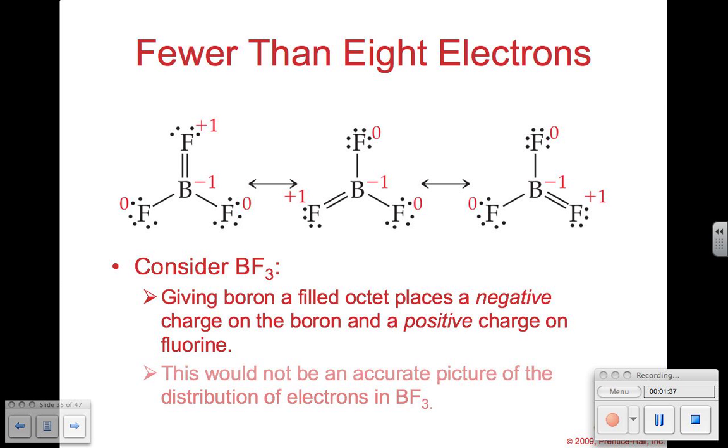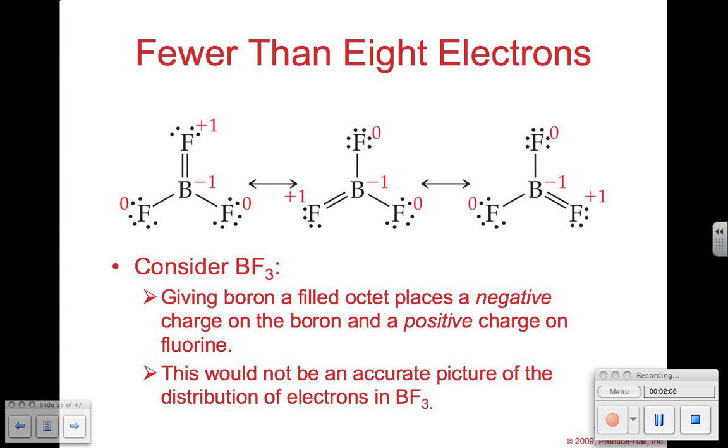Another way that it might break the rules is having a central atom that actually has fewer than 8 electrons. Here our example is boron trifluoride, and when doing the Lewis dot structure and making sure everything has a full octet, you end up getting, and this would have 3 resonance structures if this was the correct structure.